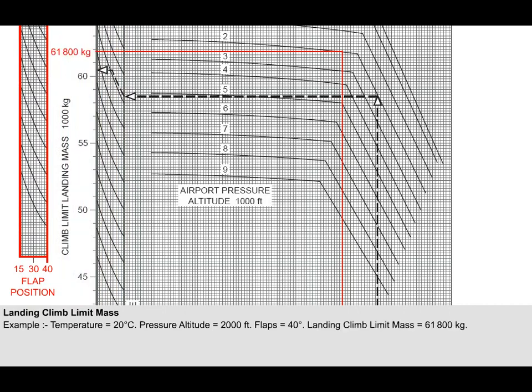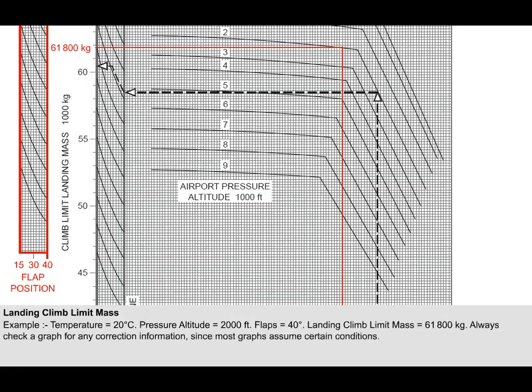In our example, we'll assume a flap setting of 40 degrees, which means we go straight through the flap section. In this example, the landing climb limit mass is 61,800 kilograms. Remember, exceeding this mass means it would not be possible to meet the climb gradient requirements.